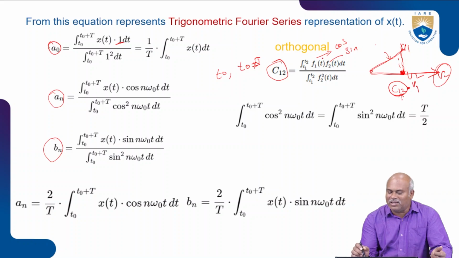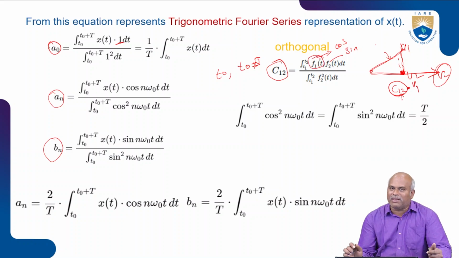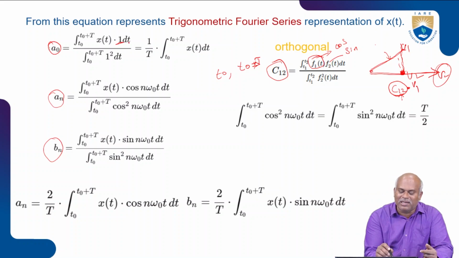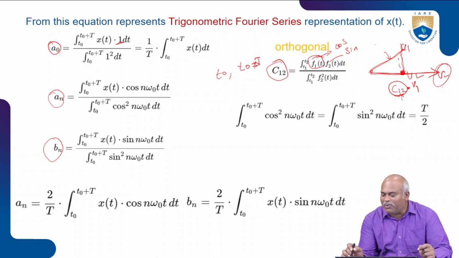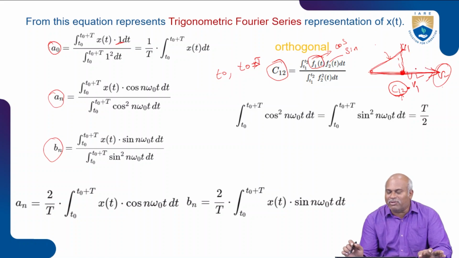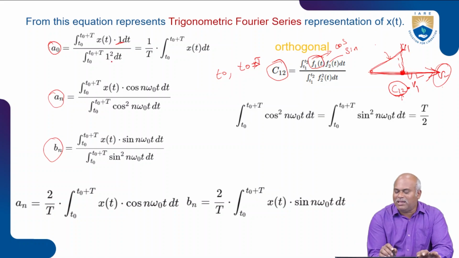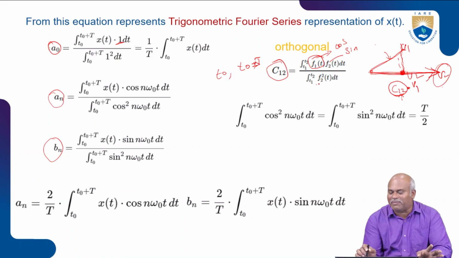The f1 of t I consider as the input, and f2 of t is a cos or sin term. There is no angle present, so both f1 and f2 lie on the same line. There is no angle between V1 and V2. That's why I write whichever signal is present, f2 or f1.